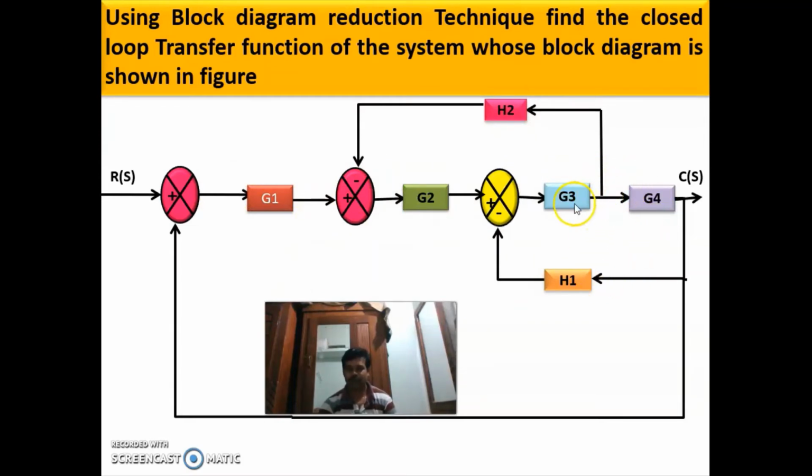First we are going to analyze this figure, whether it is possible to apply any rule without modification. These two blocks are in series, but here you have one branch point. If you want to combine these two blocks, you have to move this branch point. Similarly, here you have one feedback path.